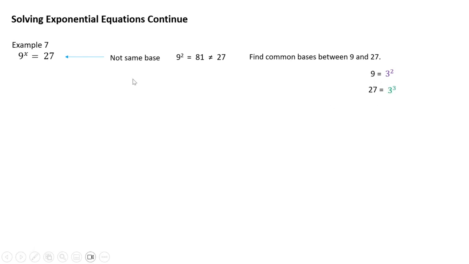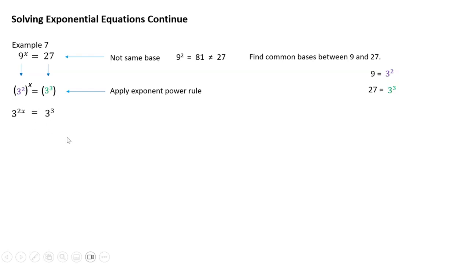So now I'm going to replace 9 with 3 squared and just put the exponent. Then I'm going to replace 27 with 3 cubed. Now here on the left, I'm going to apply the exponent power rule. Again, when you have a power to a power, you multiply the powers. So that gives us 3 to the 2x equals 3 to the 3rd power.